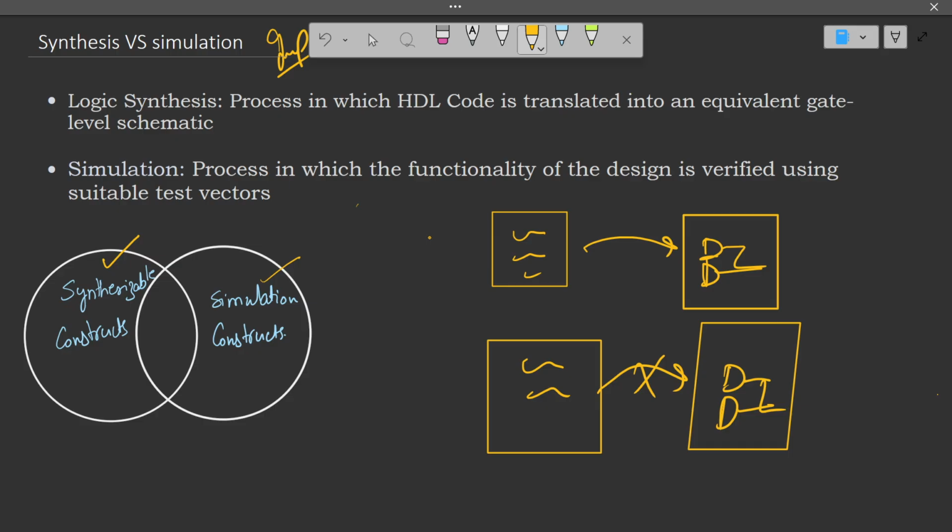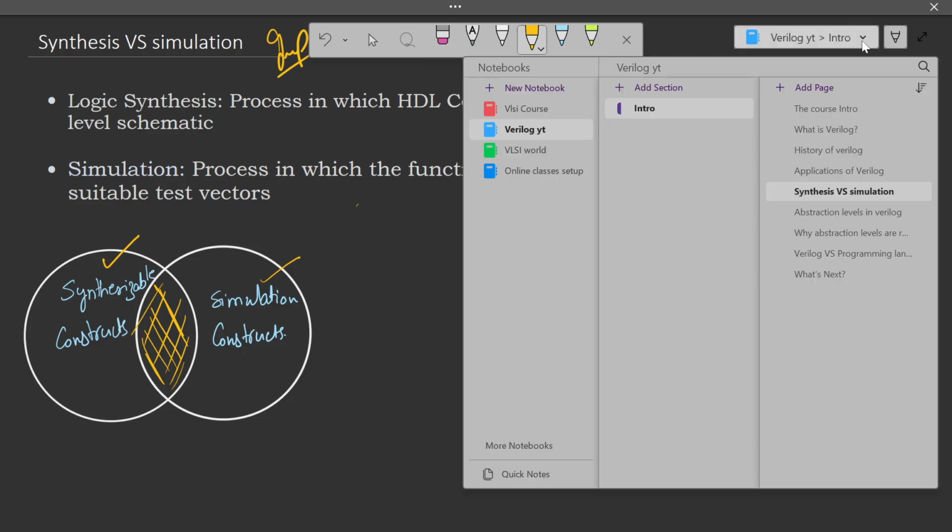That's why Verilog consists of synthesizable constructs, simulation constructs, and some constructs used for both synthesis and simulation. This will become clearer when you start coding.